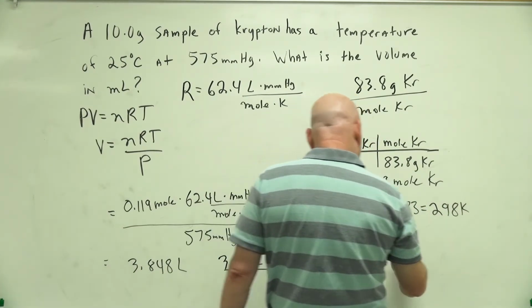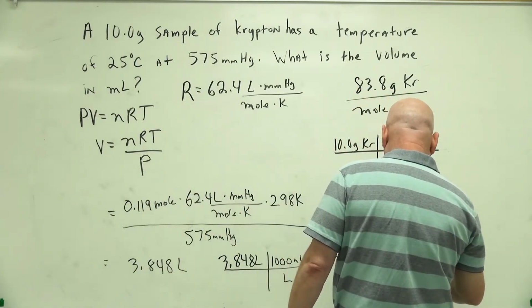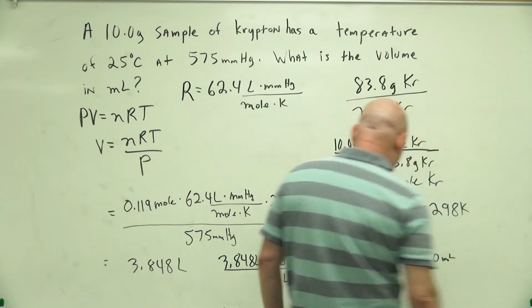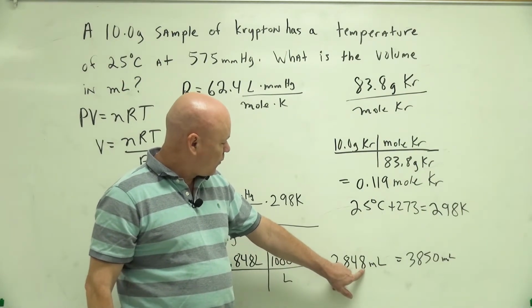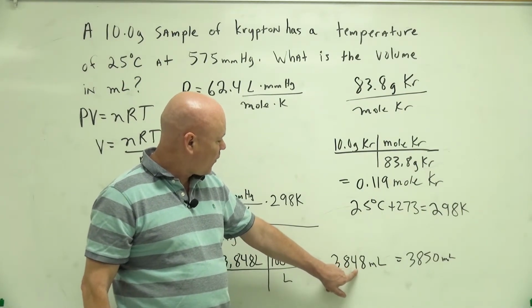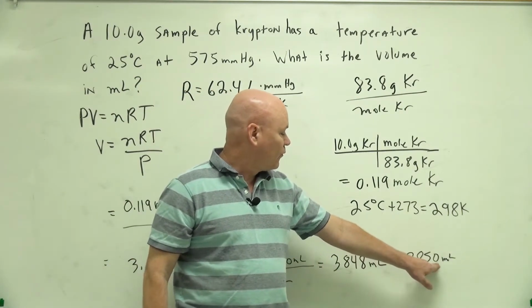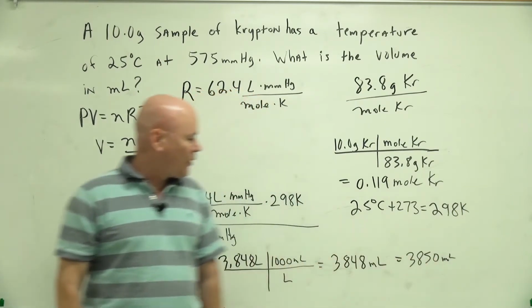And with significant figures, we have 3 significant figures for all of our numbers, and so that would be 3,850 milliliters. 3 sig figs, we go 1, 2, 3. Look one more over, that's 5 or greater, so we're going to round up that 4 to a 5 and replace that 8 with a 0 as a placeholder.